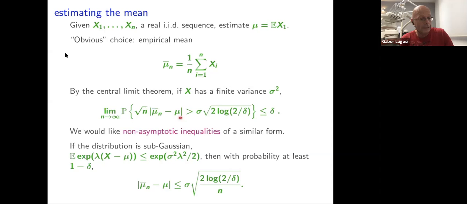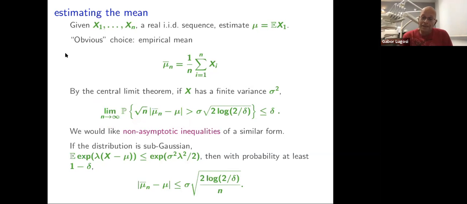The probability that this is bigger than sigma times root log 1 over delta is smaller than delta. That's what the central limit theorem says. But of course, the problem is that this is an asymptotic statement. So wouldn't it be nice to have non-asymptotic inequalities of this form?